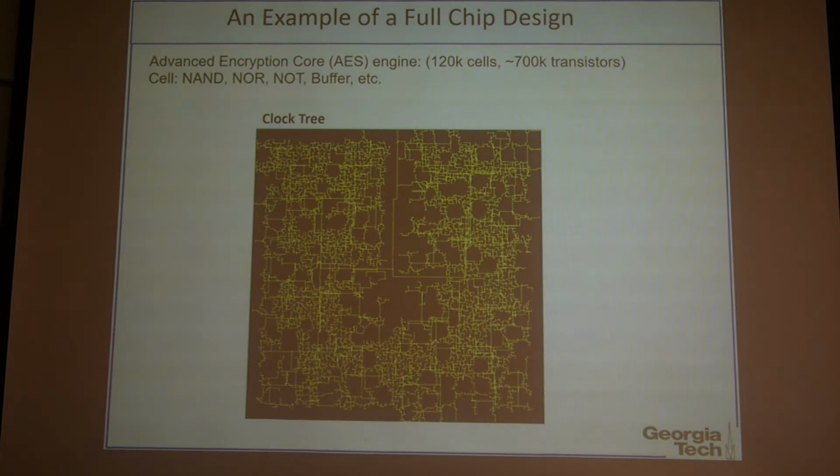And if you look at the chip layout, this is an example of a full chip design. And here what we show on this figure is a clock tree. So basically, for the digital circuit, you have the clock, and then this clock will be distributed into different locations of the chip. So each logic gate is controlled by the clock. And this is for sequential circuits.